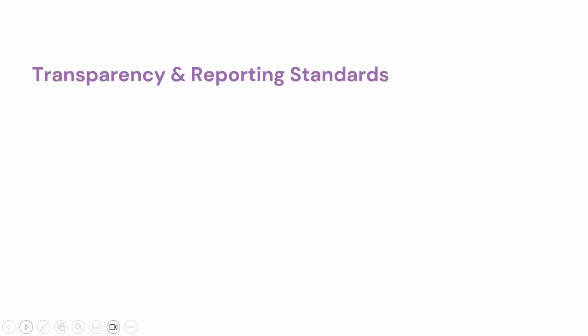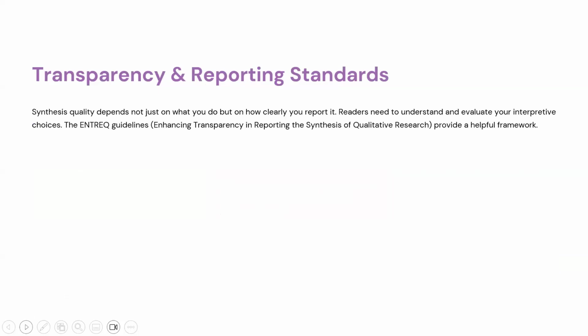So again, just to continue harping on a theme that has been appearing throughout this presentation, transparency reporting standards. It's important to note that synthesis quality depends not just on what you do, but on how clearly you report it.